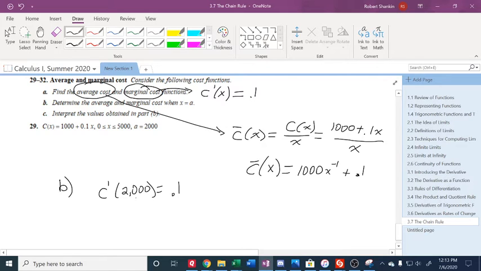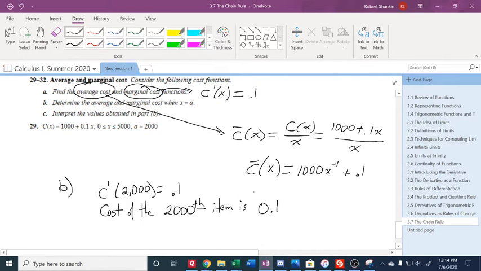The interpretation of this: the marginal cost is the cost of the next item. So this would be the cost of the 2,000th item is 0.1. In the textbook, it says 2001.